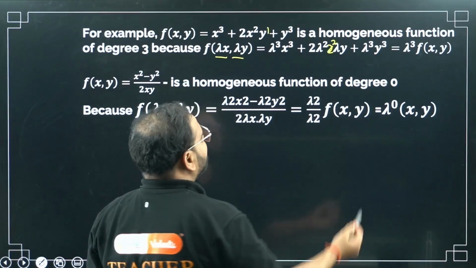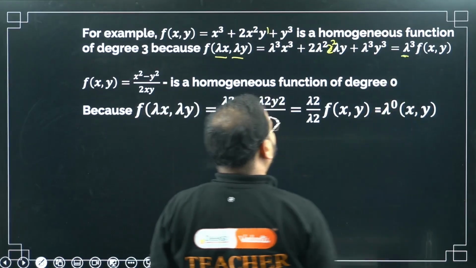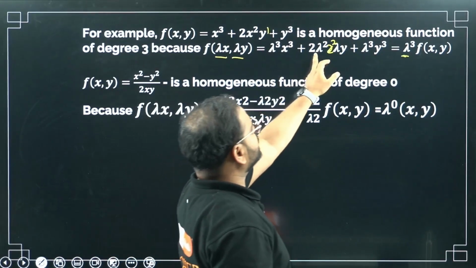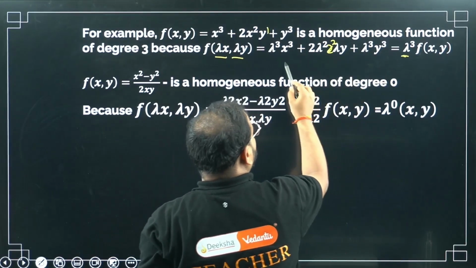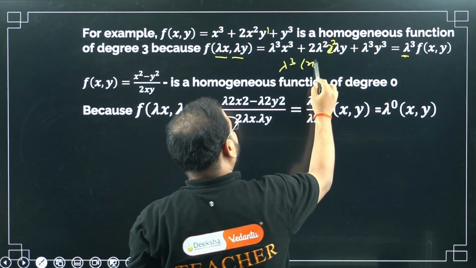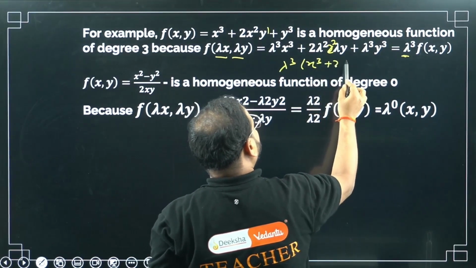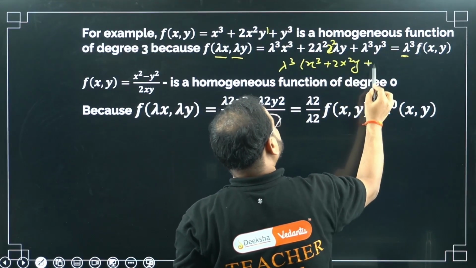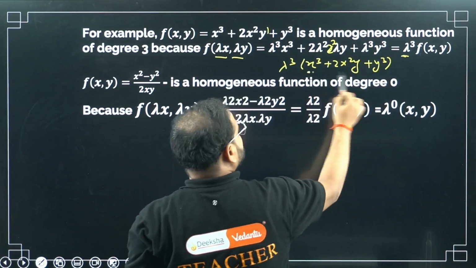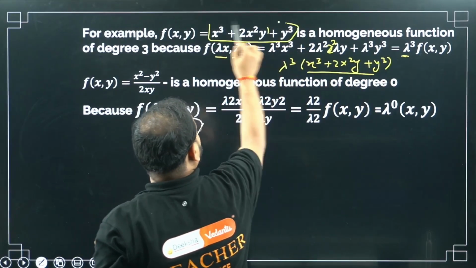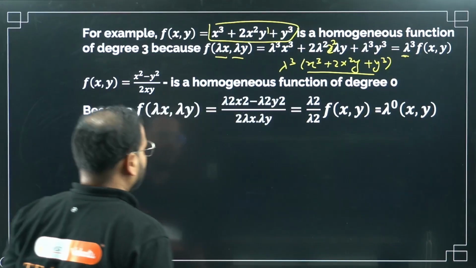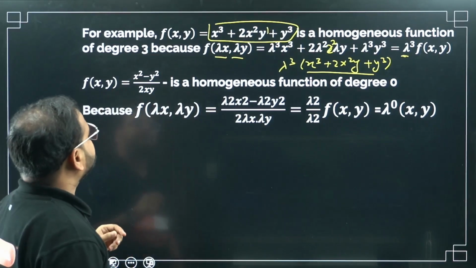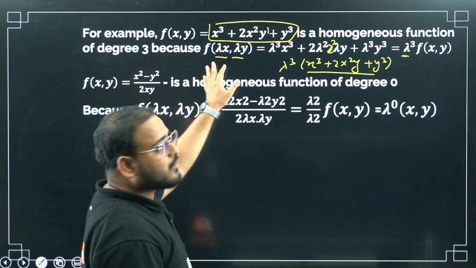If you check, I can take lambda cube common, and then I'll have x cube plus 2x square y plus y cube. And what is this term? Same thing. It means lambda cube times f of x comma y.